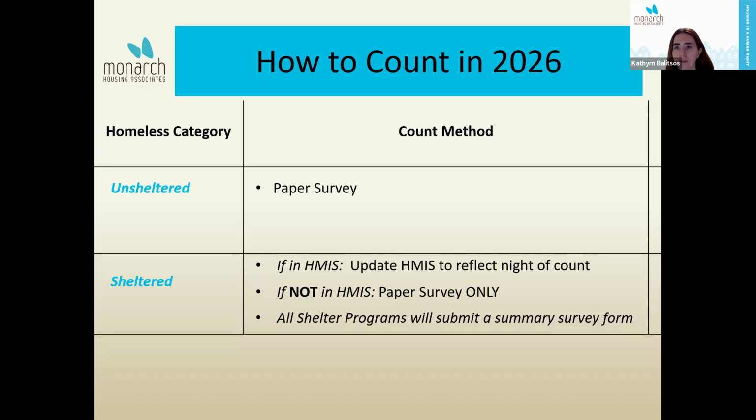Otherwise, it's probably already kind of done. If you're doing the actual surveys themselves, you want to talk with your PIT coordinator to get the paper surveys. Does that make sense? Yes, thank you. No problem.